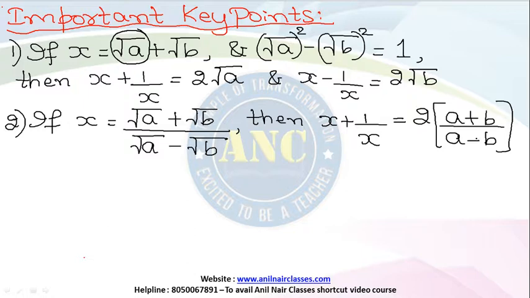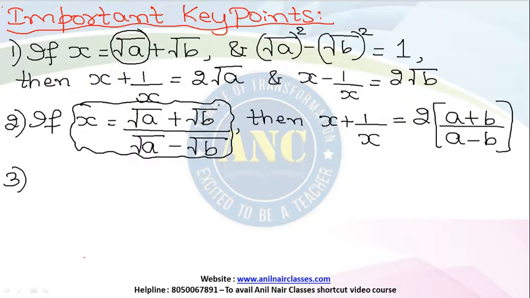That means x plus 1 by x will be equal to 2 times a plus b divided by a minus b. If this condition is given in the question, we know how to find x plus 1 by x.